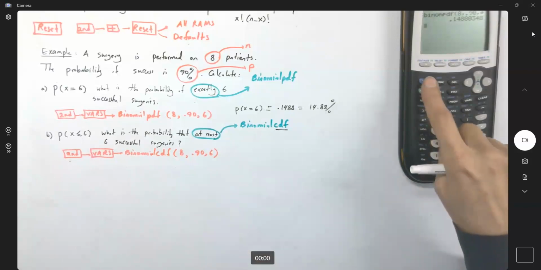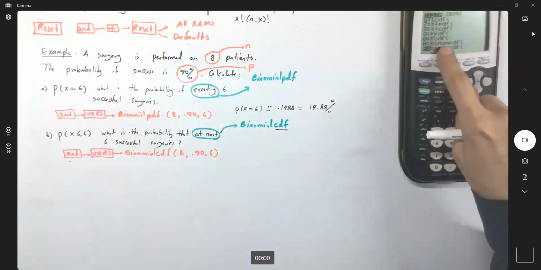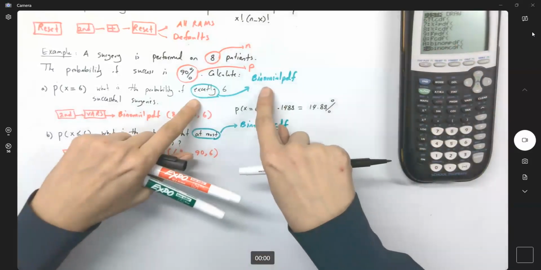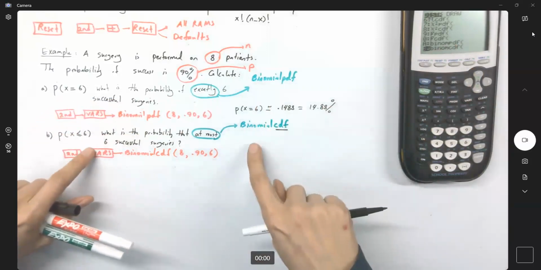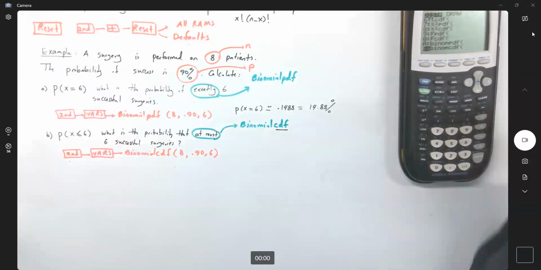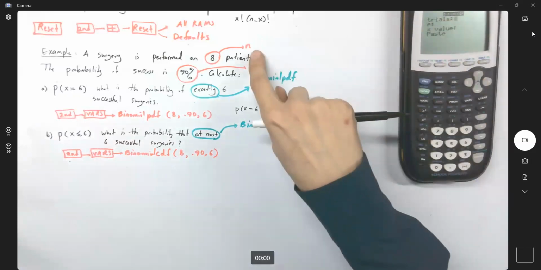So let us continue. Second vars, let us find binomial CDF. Make sure you don't select PDF. PDF only works when you have exactly. We are using at most, so it is CDF, the second function here. Enter. The number of tries, n, is 8.